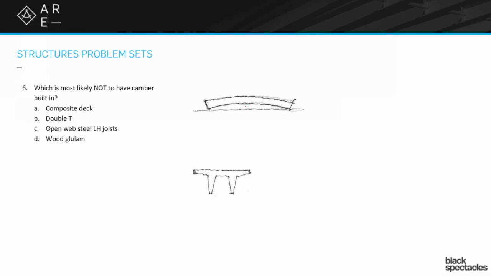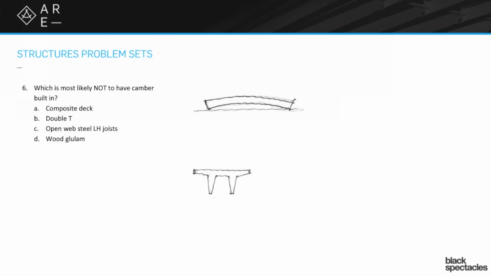That way when you start loading, getting your roofing on a big stadium or something, it'll bring it down a little bit, and then you won't have ponding issues when it rains. So it starts crowned upward, and by the time it gets its real loading, it loads into flat-ish. And some are more crowned than others. It depends on the situation. But the concept of camber is that idea of crowning it up a little bit.